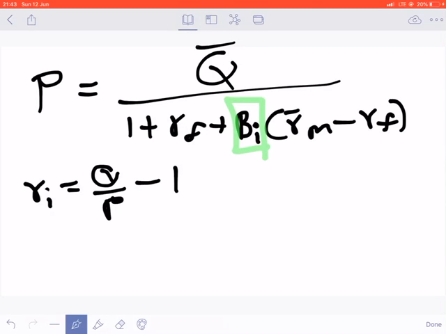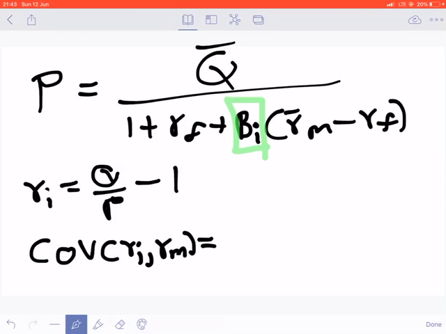So it means that the covariance of I and the market is going to be equal to the covariance of Q over P minus 1 and the market.